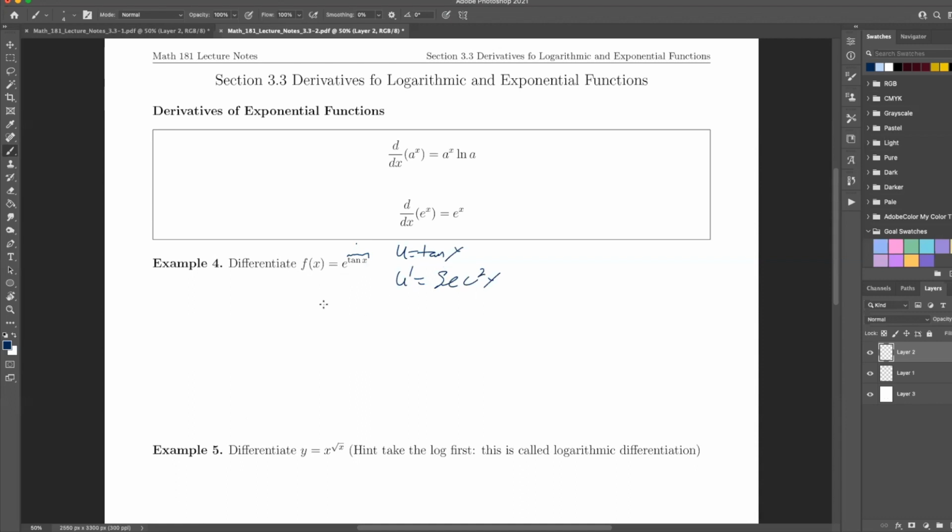So here I'd have e to the u. So f prime is equal to e to the u prime, which is equal to, well, u in this case was tangent of x, so e to the tangent of x.